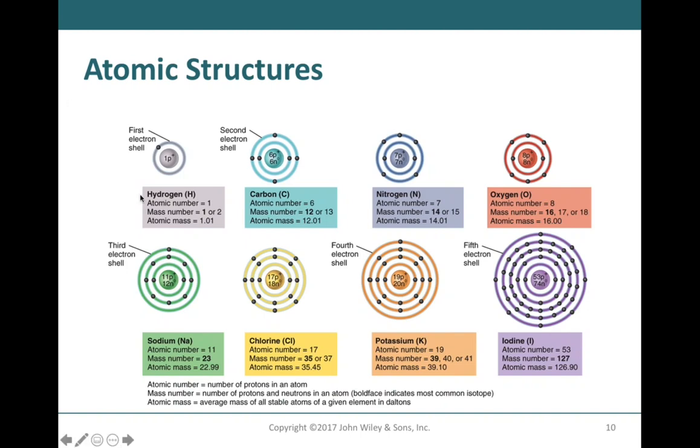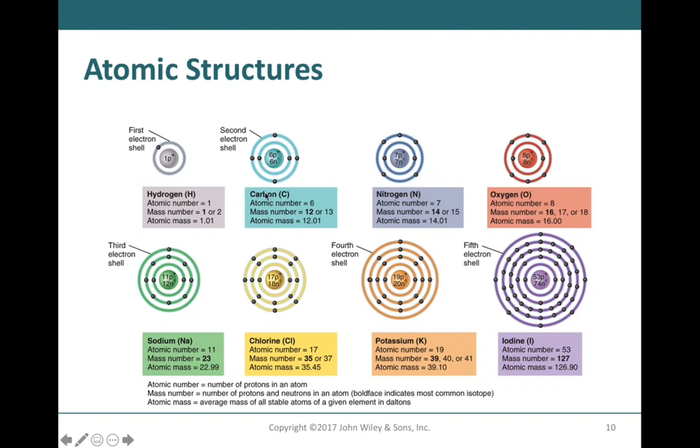As we look at these, we have our first shell here, and we have our second shell, and based on the amount of electrons, we can have up to our 5th electron shell, and so forth. But one thing we can mention here is that every atom is going to have what's known as a valence shell, a valence electron shell. The valence shell refers to the outermost shell on any given atom. For example, hydrogen's valence shell is the first electron shell.